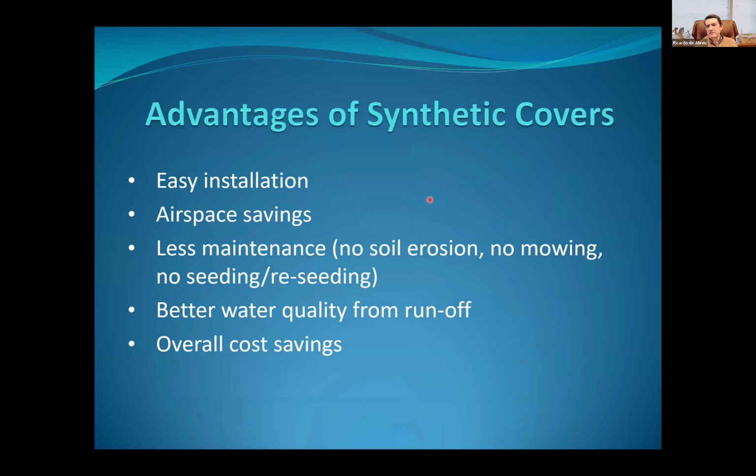Other advantages are less maintenance, so you don't have soil erosion, you have no mowing, no seeding, reseeding, and better water quality from runoff. Water that comes from runoff from a site that has synthetic covers is usually much cleaner, with much less contaminants too.